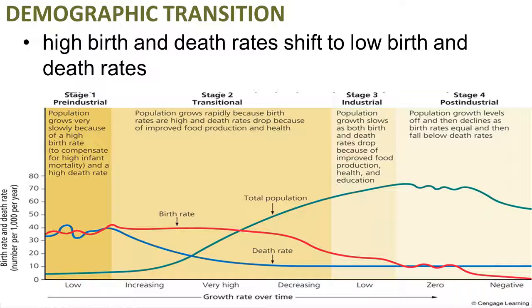And then stage 4 is when the population growth levels off and may even start to decline as birth rates equal and then fall below death rates. As mentioned earlier, there are some countries that are in a declining situation pertaining to their population, Japan being the one that is in this category the most.